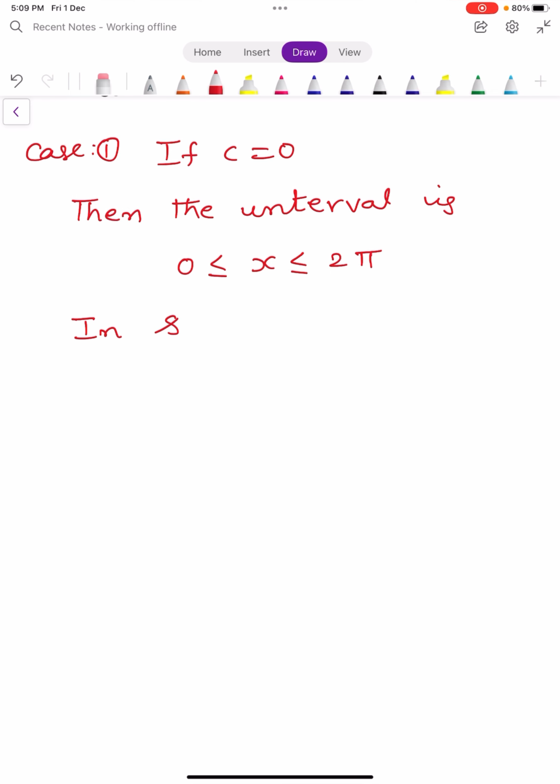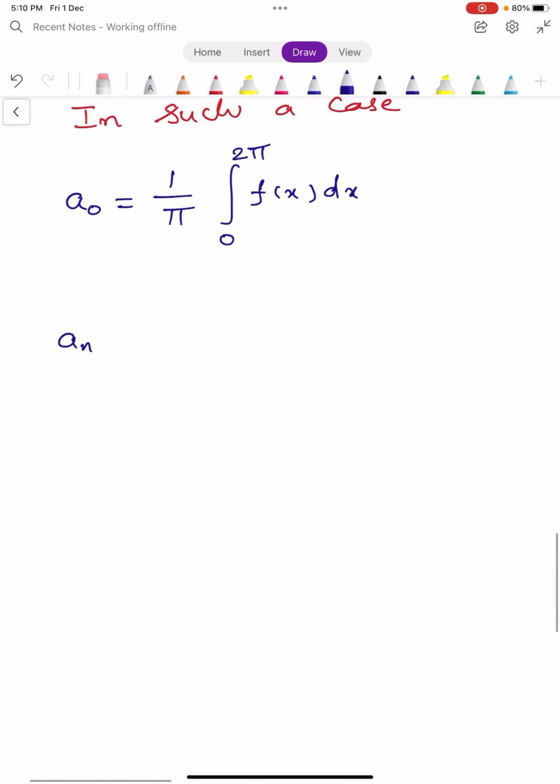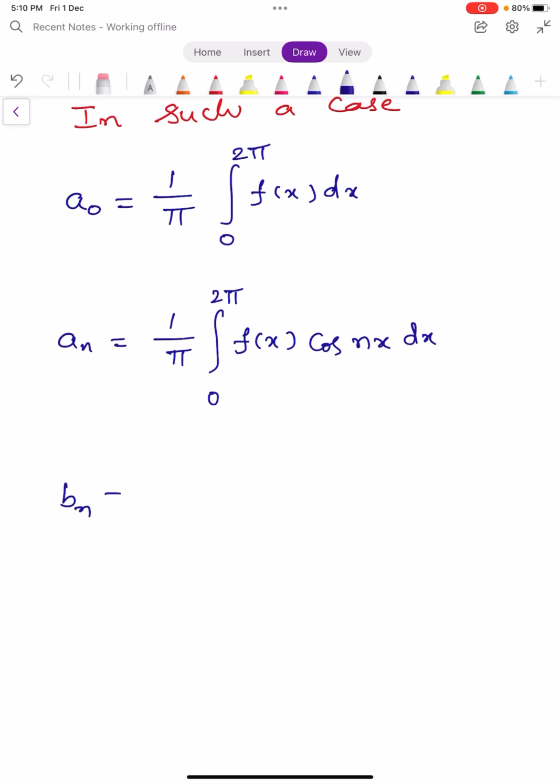In such a case, Euler's formula becomes a naught is equal to 1 by pi integral 0 to 2 pi f of x dx. a n is equal to 1 by pi integral 0 to 2 pi f of x cos nx dx. b n is equal to 1 by pi integral 0 to 2 pi f of x sin nx dx. That's it.